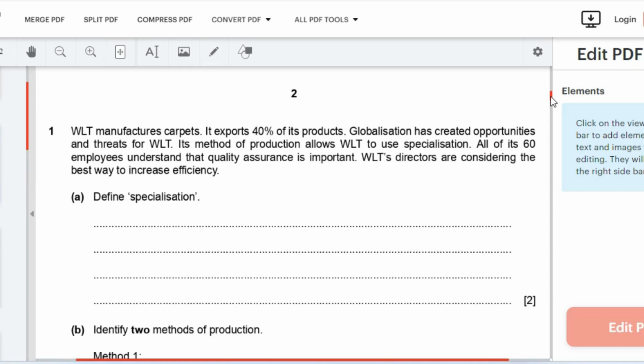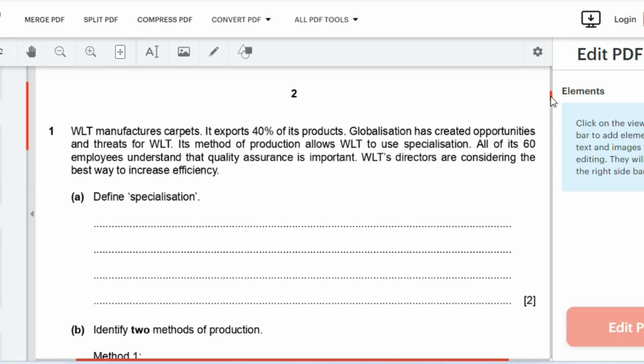Its methods of production allow WLT to use specialization. All of its 60 employees understand that quality assurance is important. WLT's directors are considering the best way to increase efficiency.